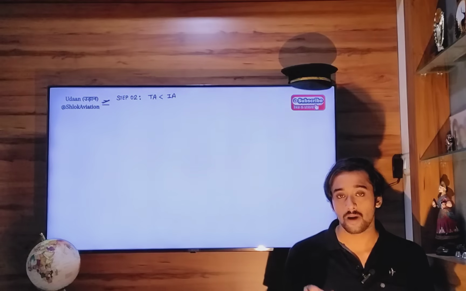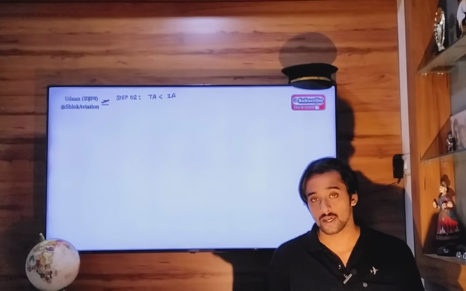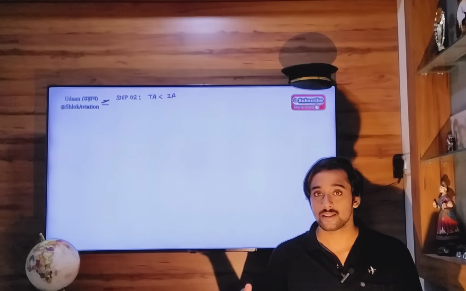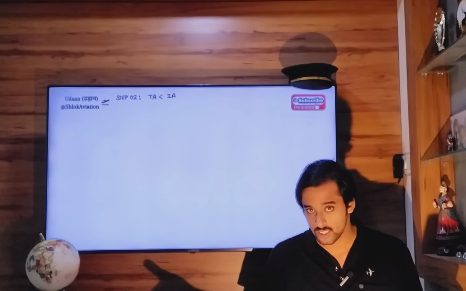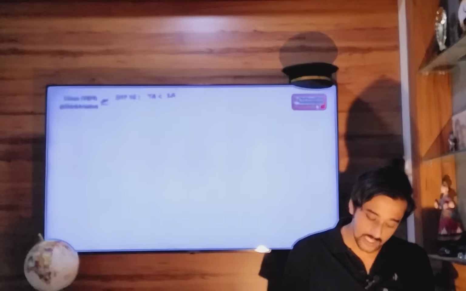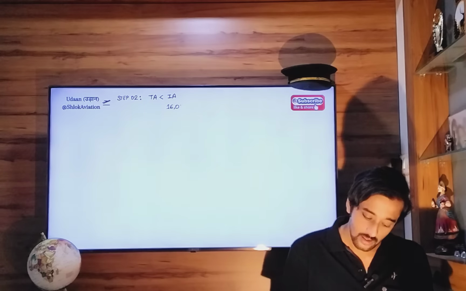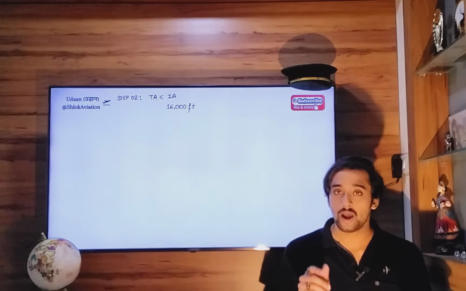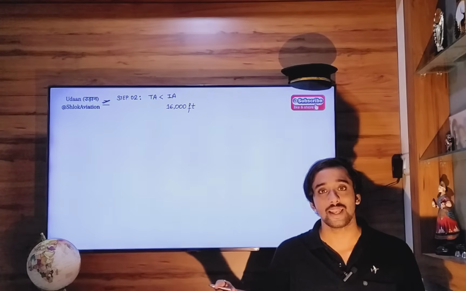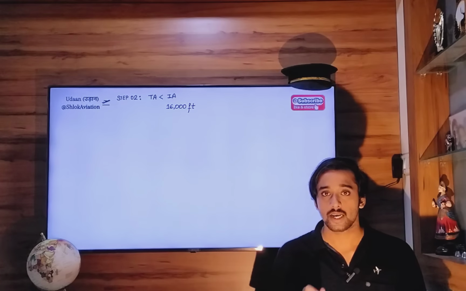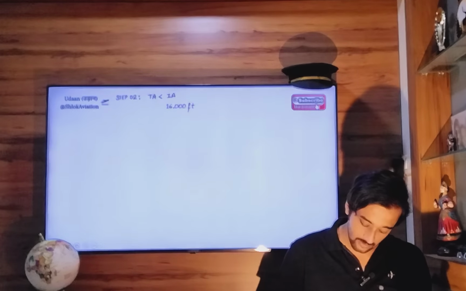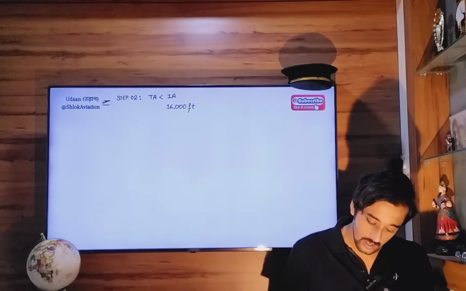Now we have to find out by what value the true altitude will be less than the indicated altitude. Right now, indicated altitude is 16,000 feet. How to find that value? Use this formula.